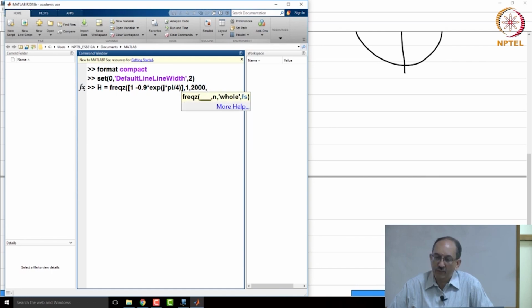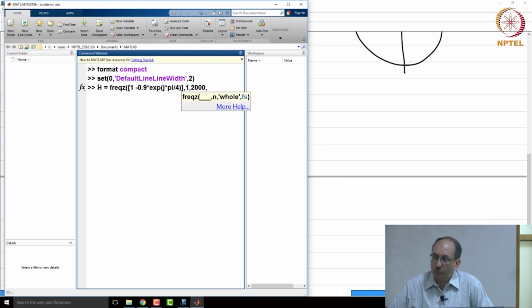In general, freqz assumes that b comma a are real valued. So, if you do not give any additional argument, it will evaluate the frequency response at 2000 points from 0 to pi, because it will assume b and a are real valued, whereas in this case we have a complex 0, and hence we want to evaluate the frequency response from 0 to 2 pi.